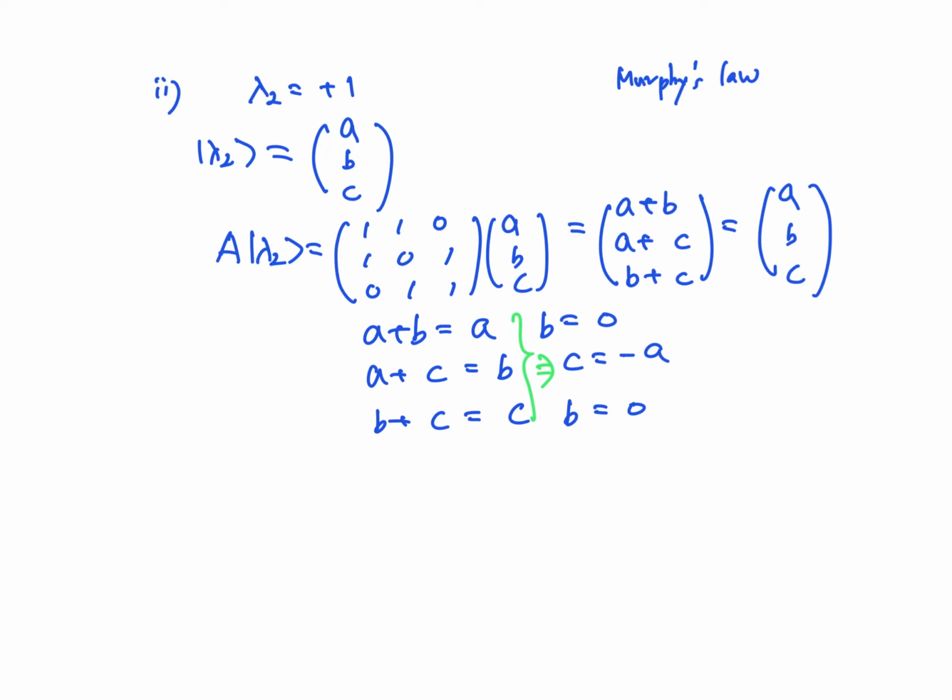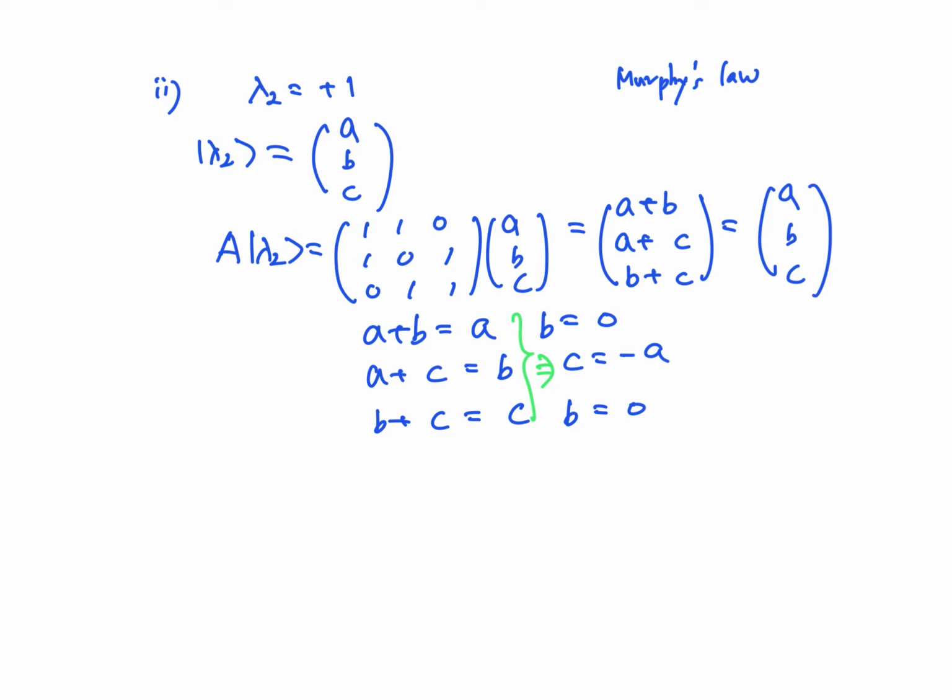So let's double check before I proceed. A plus B is supposed to be the same as A, means B is equal to 0, right? A plus C is equal to B, this is 0, so C is equal to minus A. B plus C is equal to C means B is 0 again.